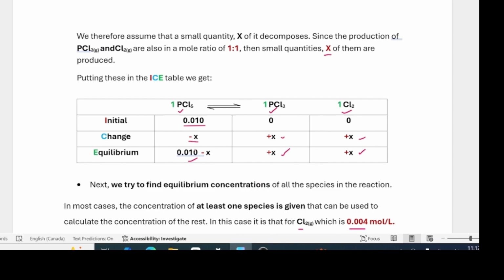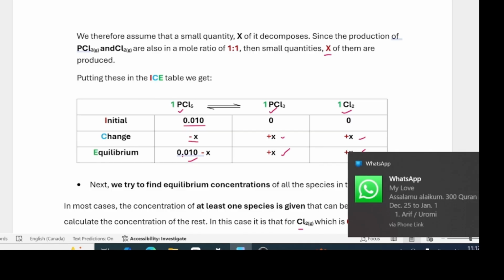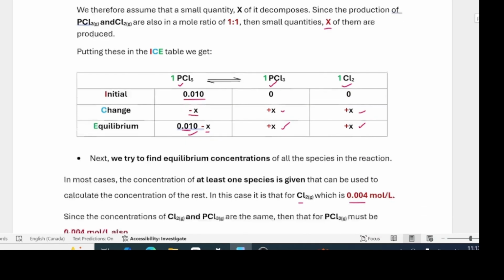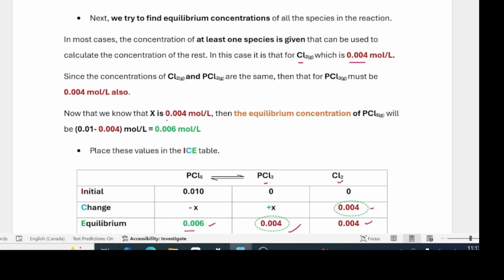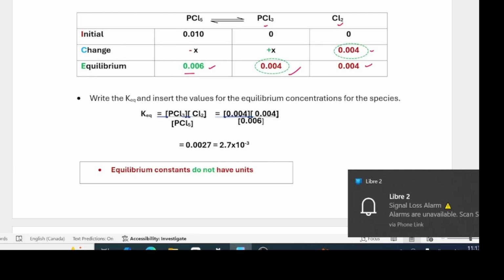We knew that the equilibrium concentration of phosphorus pentachloride is equal to that quantity here minus what X is. But we knew that X is equal to that value here. So subtracting this from what was there initially, we ended up with that to be the final concentration of phosphorus pentachloride. Now we know all the quantities that are at equilibrium.